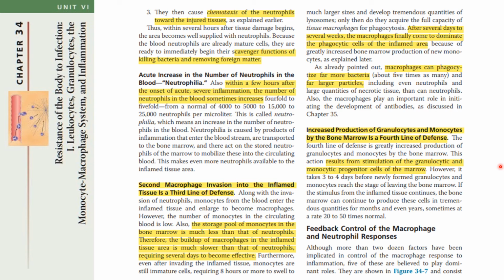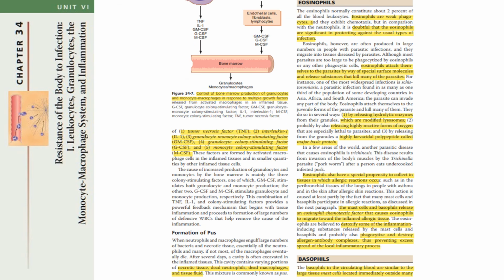Increased production of granulocytes and monocytes by bone marrow is the fourth line of defense. This results from stimulation of the granulocytic and monocytic progenitor cells of the bone marrow. Next is the control of bone marrow production of the granulocytes and monocytes.